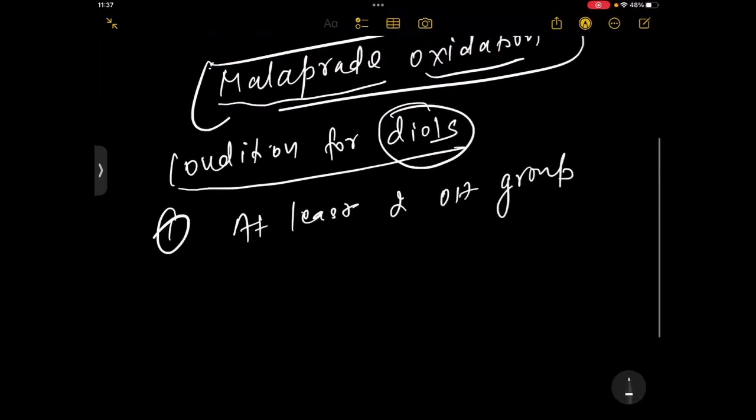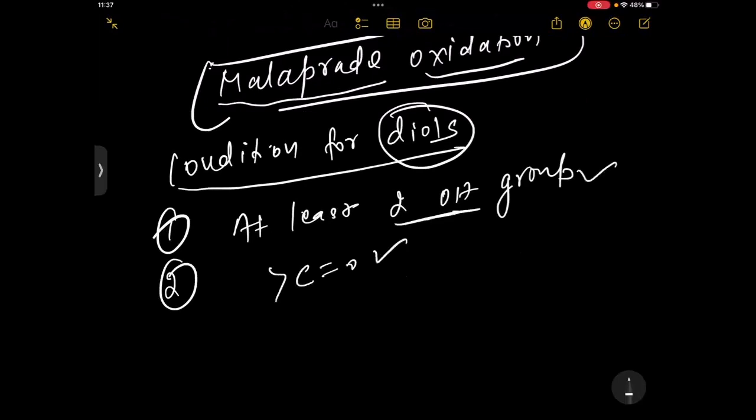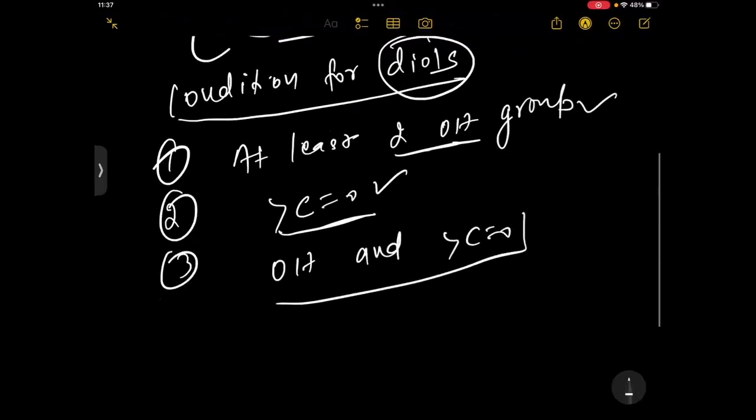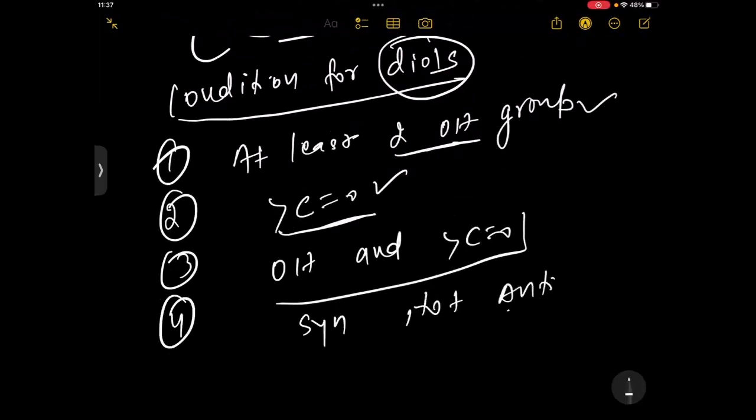Second, either you have two ketonic groups. Either the two OH groups or two ketonic groups. Third, either one OH and one ketonic group should be there. And fourth and most important, both should be in syn positions, not anti. Anti is also formed, but it is not stable. So syn is formed.